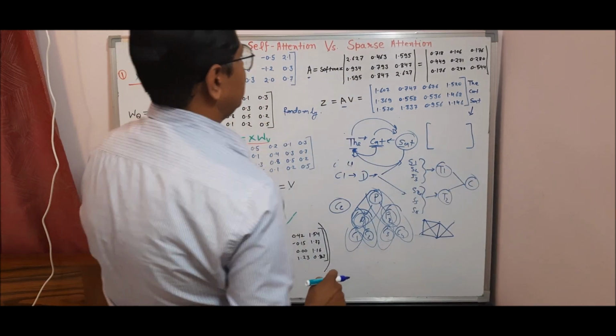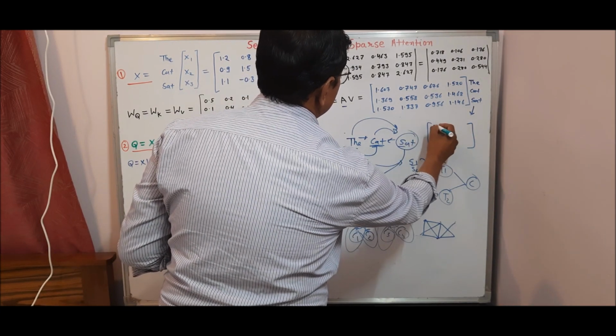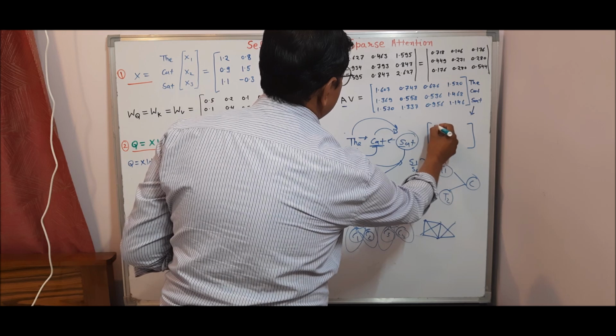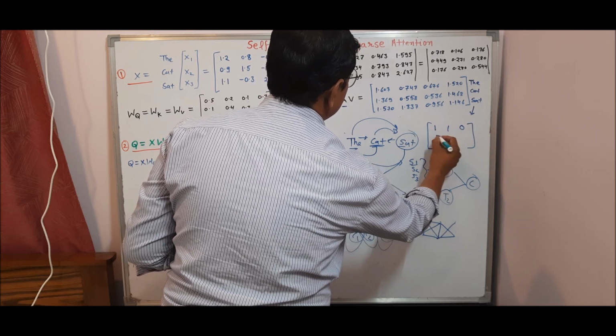For example, in the case of "the cat sat", we can use something like a masked matrix.